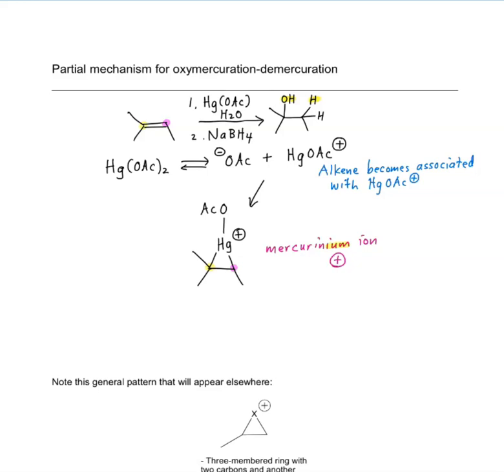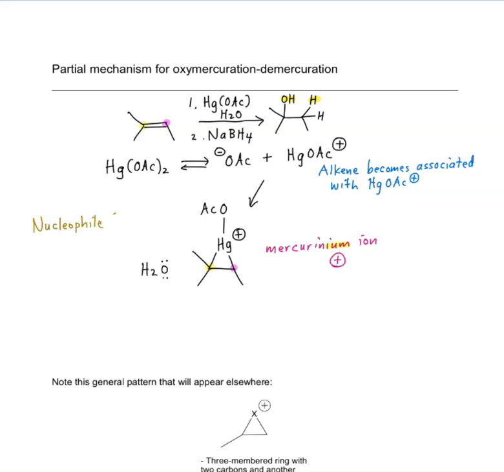Still in the first step, we also have water. Water is going to function as the nucleophile. And it's going to attack the more substituted carbon in that little three-membered ring. That's going to cause the ring to open. So let's make a note of what I'm about to show you, and then we'll look at the mechanistic arrows.